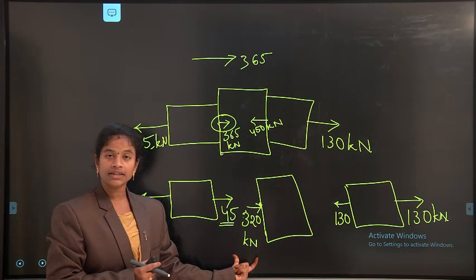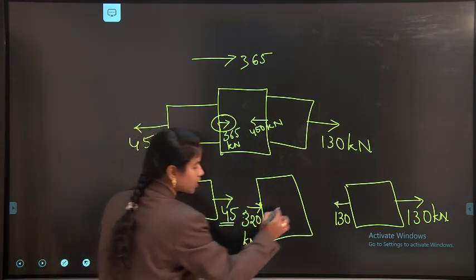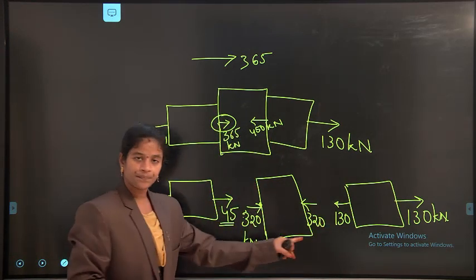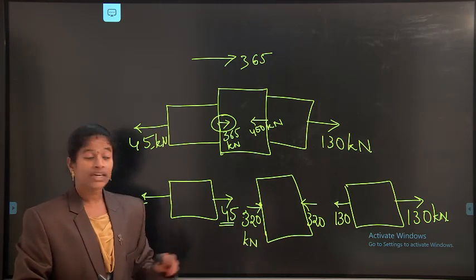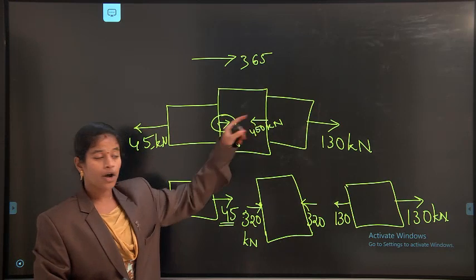That value I got is 320 kilonewton. So from the basic conditions, this will also be equal to 320. And we can check whether this 320 is correct or not with the top answer.